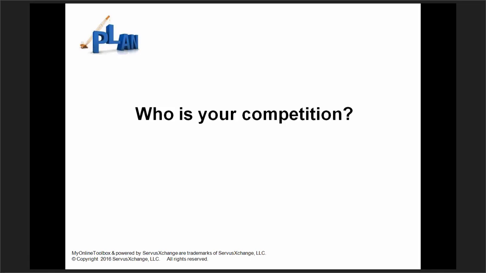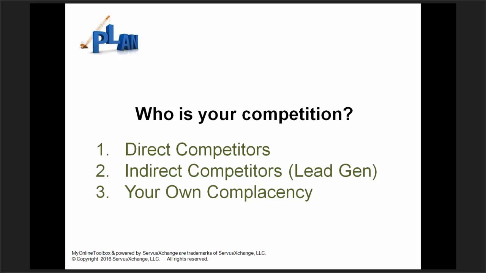But I would like you to remember there is a question of who's your competition, and you really do have 3. You have direct competitors, which unfortunately I can't say anything about unless I knew who they were. You have indirect competitors, the lead gen folk that are going to try to get you under the auspice of the free sign-up to give away as much of your information for life as possible.